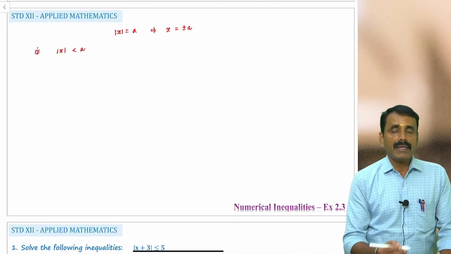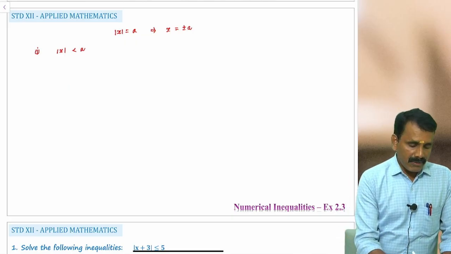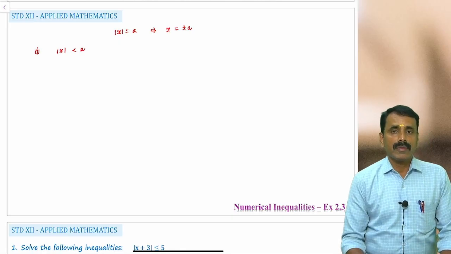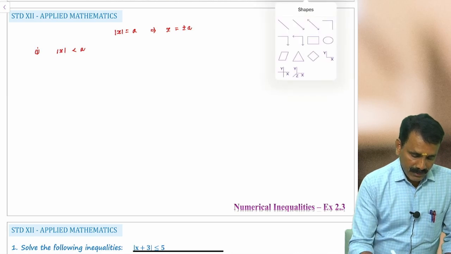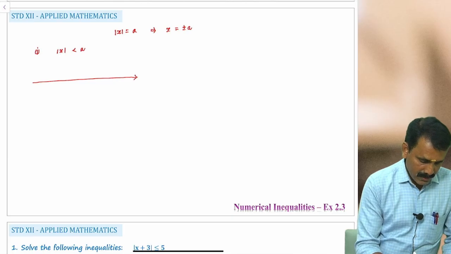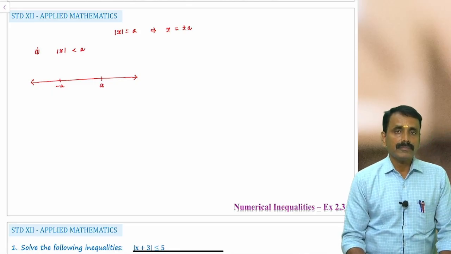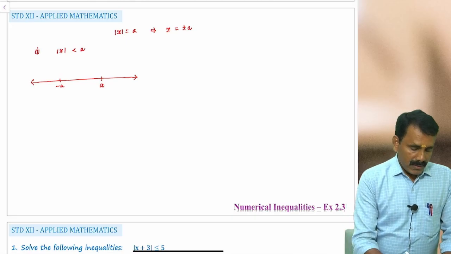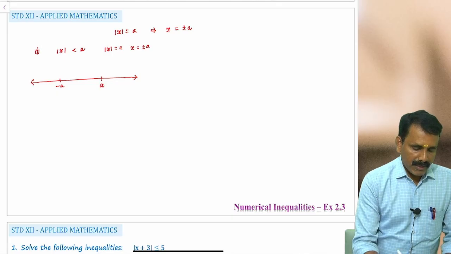Now your x can be negative or positive. When x is positive, it can take the value from 0 to a, because here we are having a real number system, the real line. Here we are having minus a and plus a. Is it clear? Now if you take this as modulus x is equal to a, then the solution will be x equal to plus or minus a.